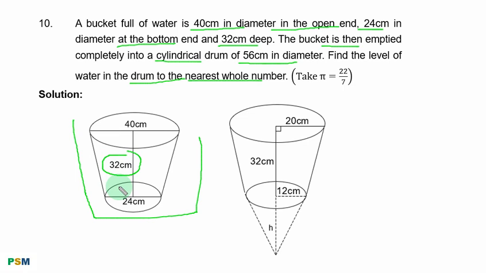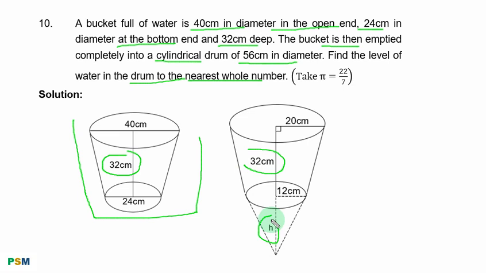If you complete this figure, you have the frustrum of a cone with radius in the open end 20 cm, bottom end 12 cm. The height of the bigger cone is 32 cm plus height of the smaller cone.